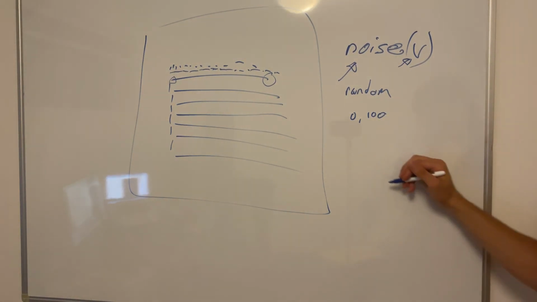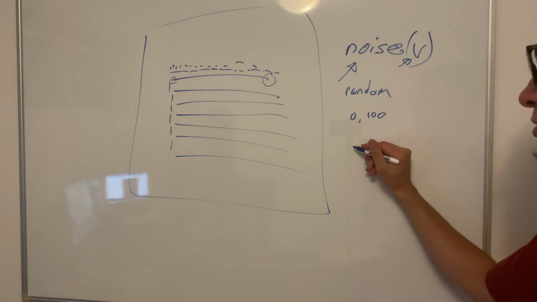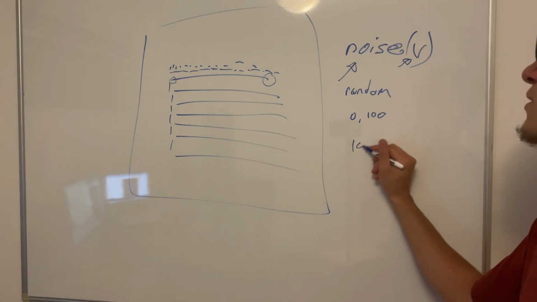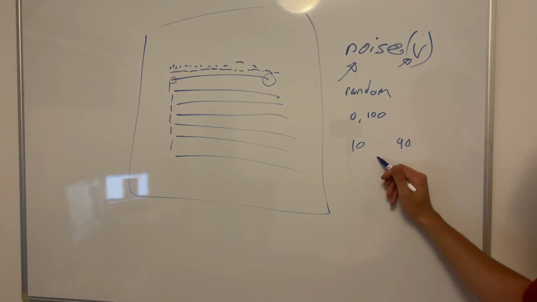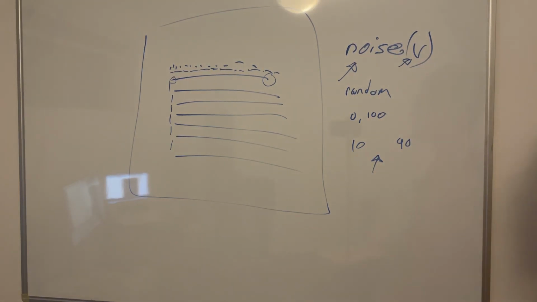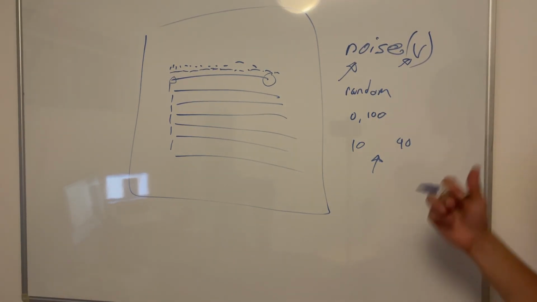Then I can just get any value at any point in time. Maybe one time I call it, I get 10, maybe the other time I get 90, right? And let's say I call them with no delay in between, I would get random values.